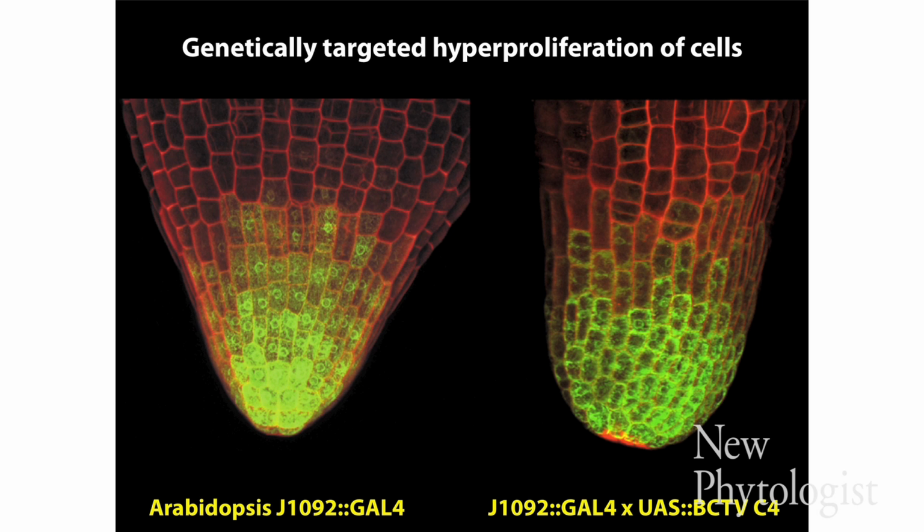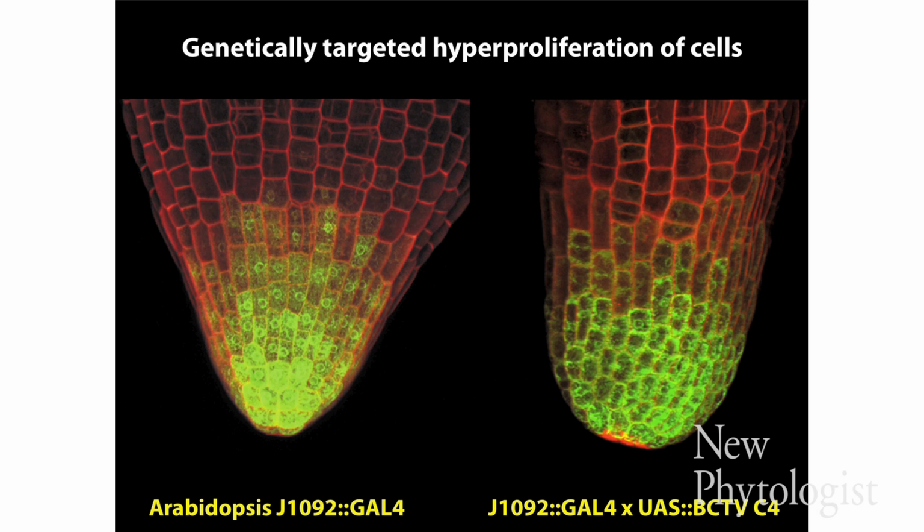You can take one of these lines, this is an example here, which is normally expressed in this outer layer of cells. This is a projection image of the very tip of a root from a mature Arabidopsis embryo. It's just a single layer of root cap cells at the very tip of the embryo, a very specific set of cells expressing this marker gene. And it has the yeast transcription activator there, driven from this particular line.